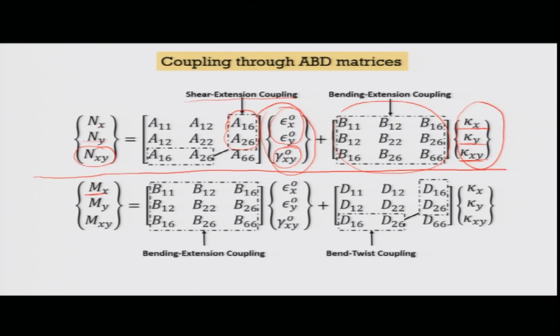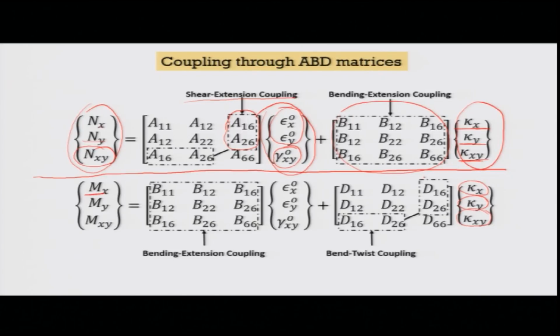Interestingly, from the forces we also have similar coupling, that means the normal force can generate not only the mid plane strains, which is fine, but also curvature. Nx can generate kappa x, Ny can generate kappa y and kappa xy. In fact, each one of them can generate each one of these, because it is a fully populated matrix.